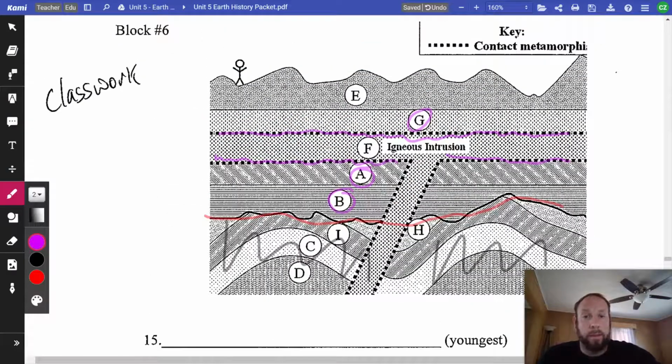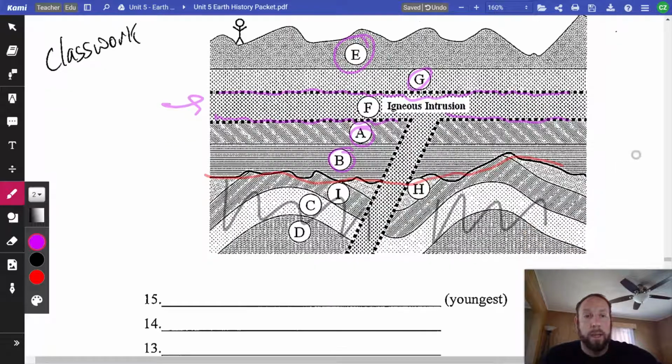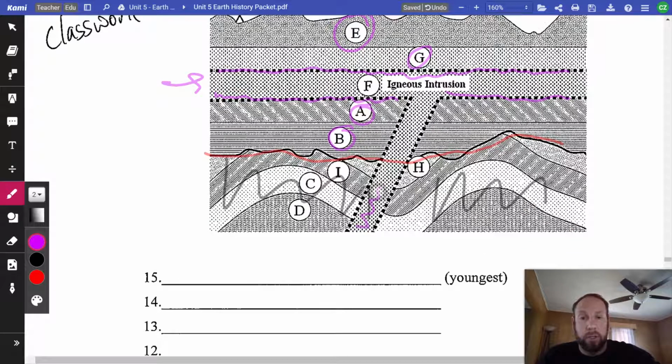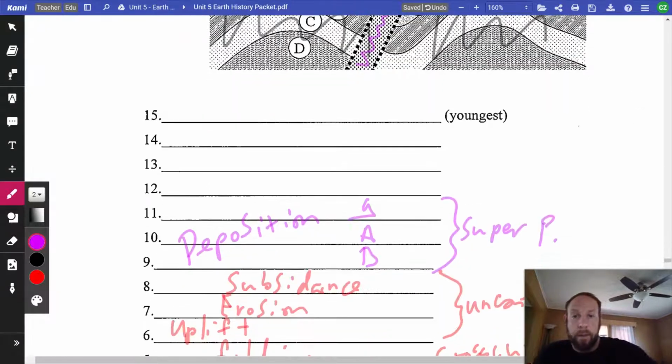Do you want to say F came in after G? Do you want to lay down E and then do F? Look, that isn't for me to tell you what to do. I personally would tell you to immediately get that igneous intrusion through here after layer G, just so you could set it up.